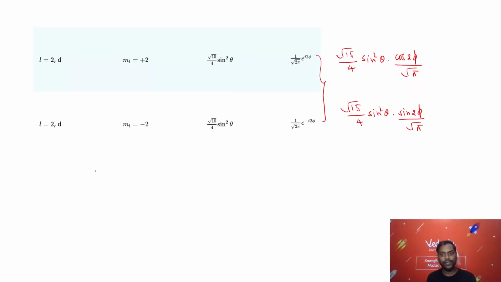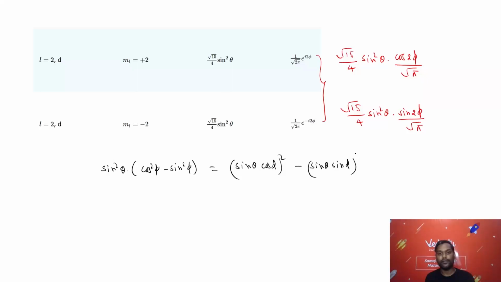So sine square theta into cos 2 phi can be written as sine theta cos phi whole square minus sine theta sine phi whole square.